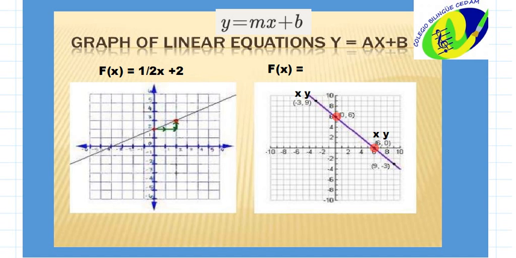So let us count. 1, 2, 3, 4, 5, 6 units downward, and 2, 4, 6 units to the right. 6 over 6, but if we divide 6 over 6 we obtain 1, but negative, so the slope is minus 1x, but it's not necessary to write minus 1x. We just write minus x, and the y-intersection is plus 6. This is the equation of this graph.